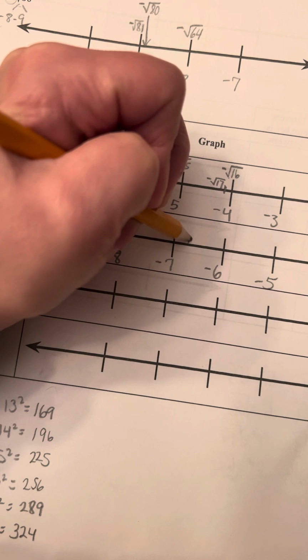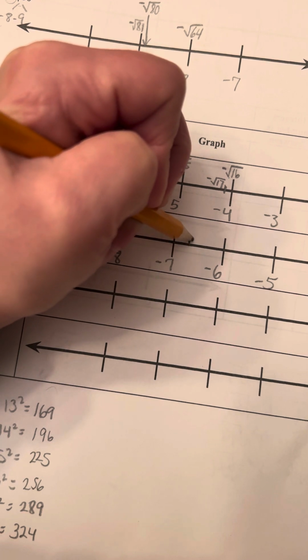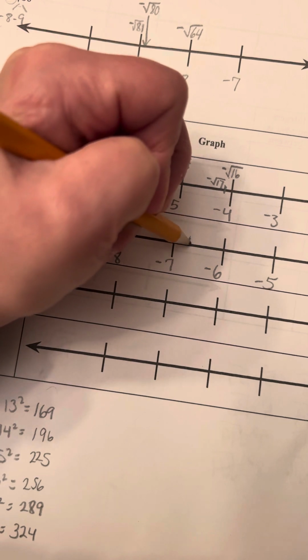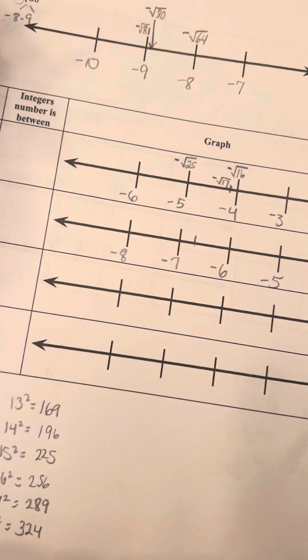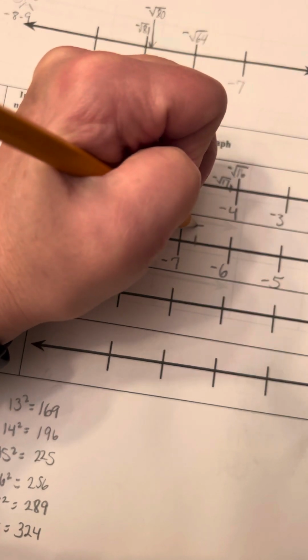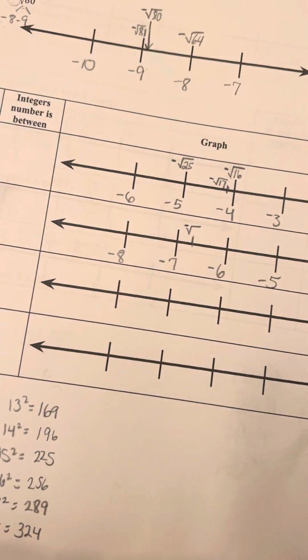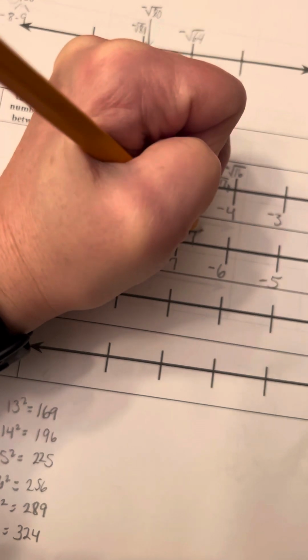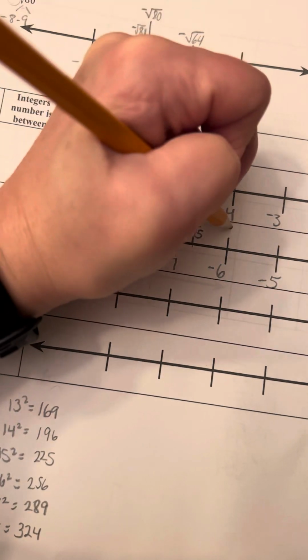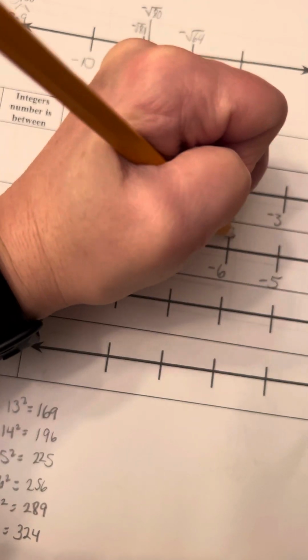I'm going to put it about right here. It's definitely closer here. And again, we're only talking about estimating. So these don't have to be exact, but you want to be as close as you possibly can. So the square root of -45, this is the square root of -49, and then this would be the square root of -36.